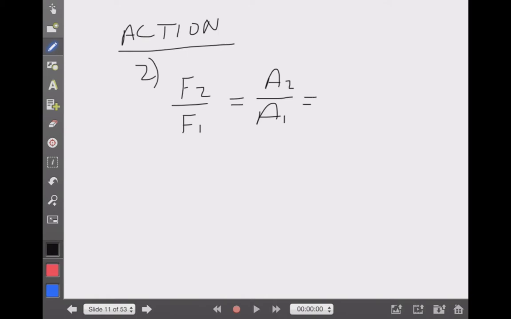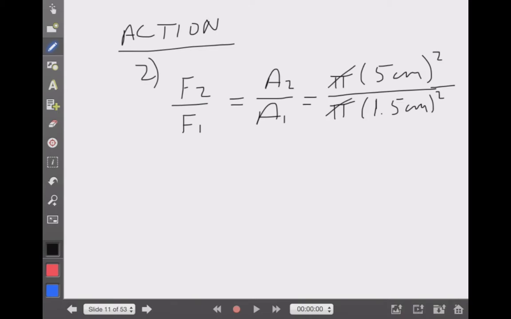Since they're diameters, it's going to be pi times 5 centimeters, that whole thing squared, over pi times 1.5 centimeters squared. Now we can cancel the pi's, and the units are going to work out nicely, but we'll write this out in a second.